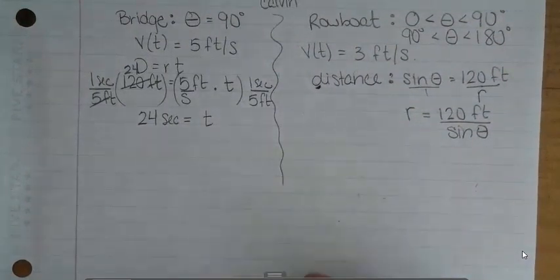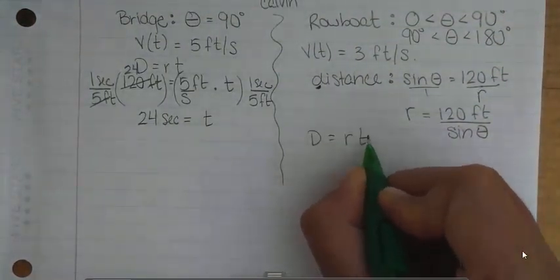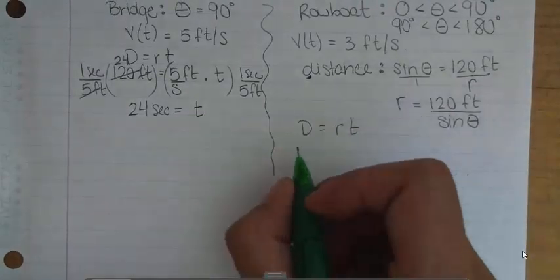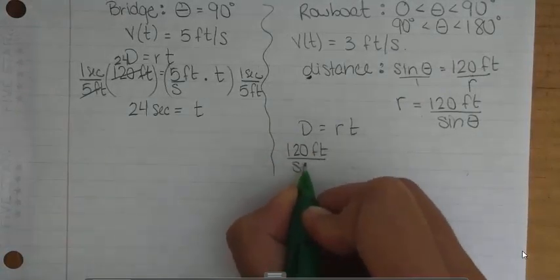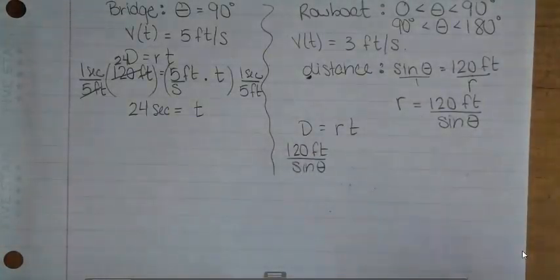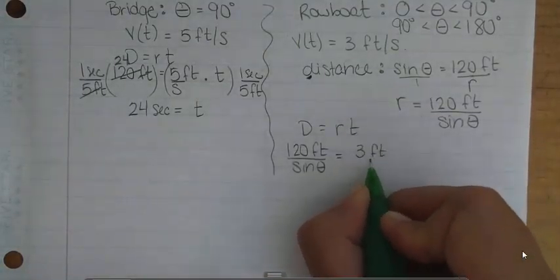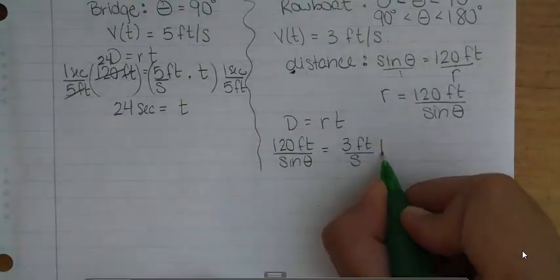Going back to distance equals rate times time for the rowboat, I have my distance, which is 120 feet over sine theta. And we know the rate is 3 feet per second times time.